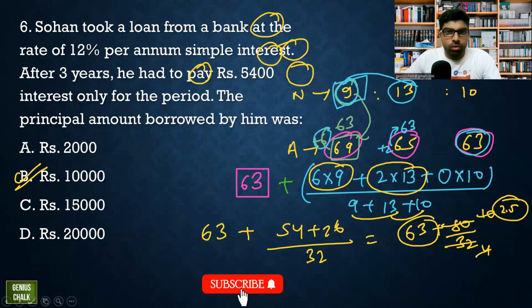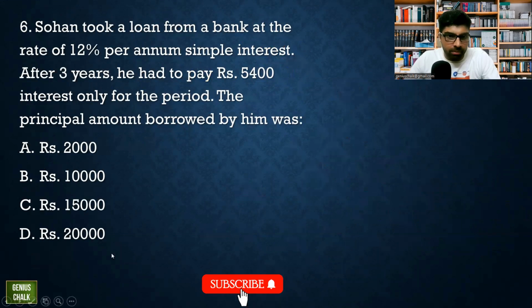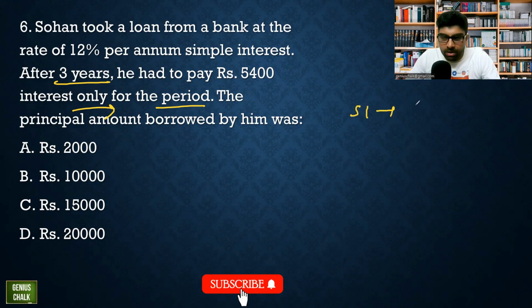Next one. Sohan took a loan from a bank at the rate of 12% per annum. He had to pay this much interest after 3 years, and we have to find the principal. You know, simple interest is basically principal into rate into time by 100. This is the basic formula. So what is the principal? We need to find. What is the rate? 12%.